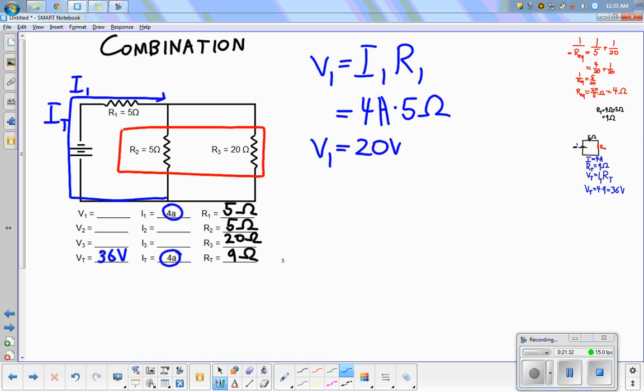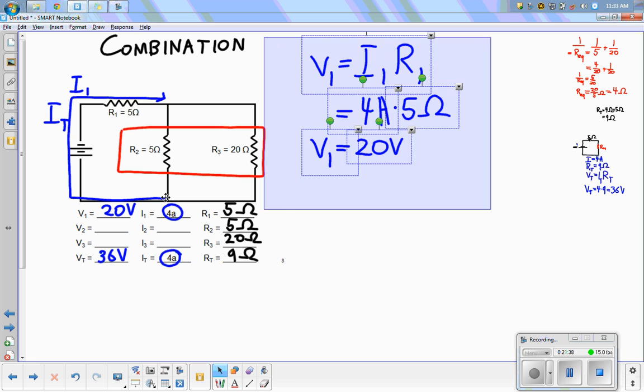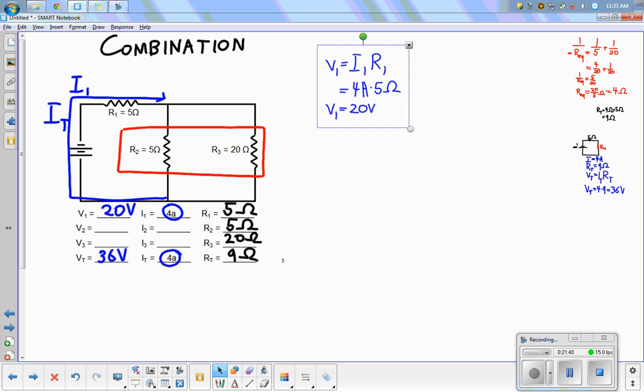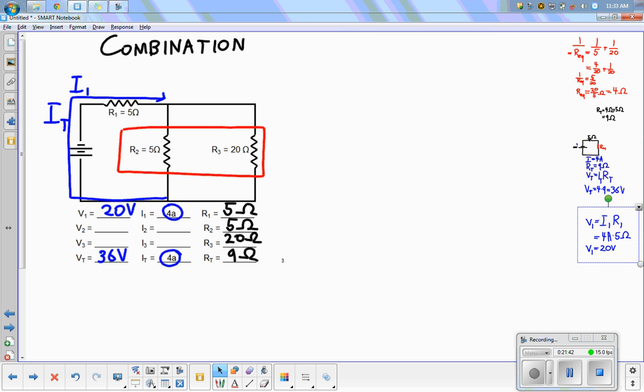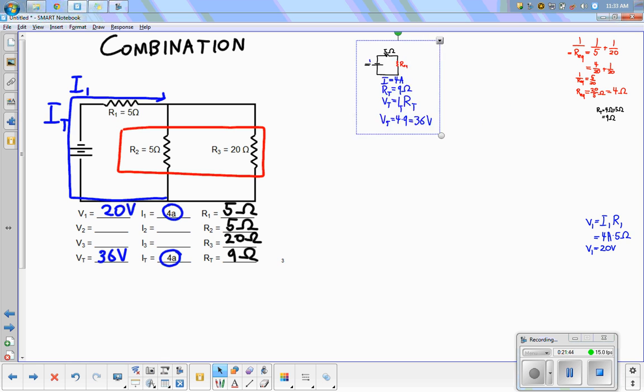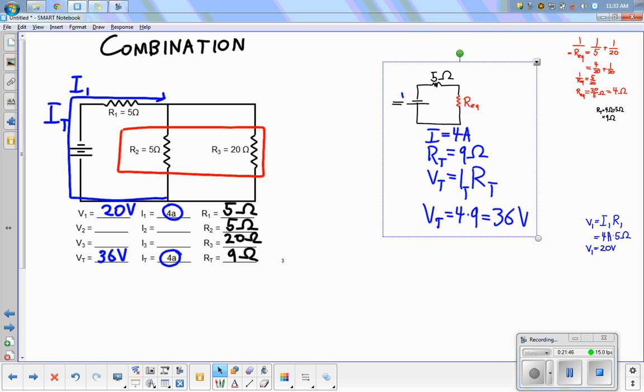Let's put this away. Now this was where it might get a little complex. Let's bring back our drawing of our series circuit over here. Remember our rules for voltage in a series circuit. They all add up. So I know if I lose 20 volts across resistor 1, how many volts do I have across the equivalent resistor?